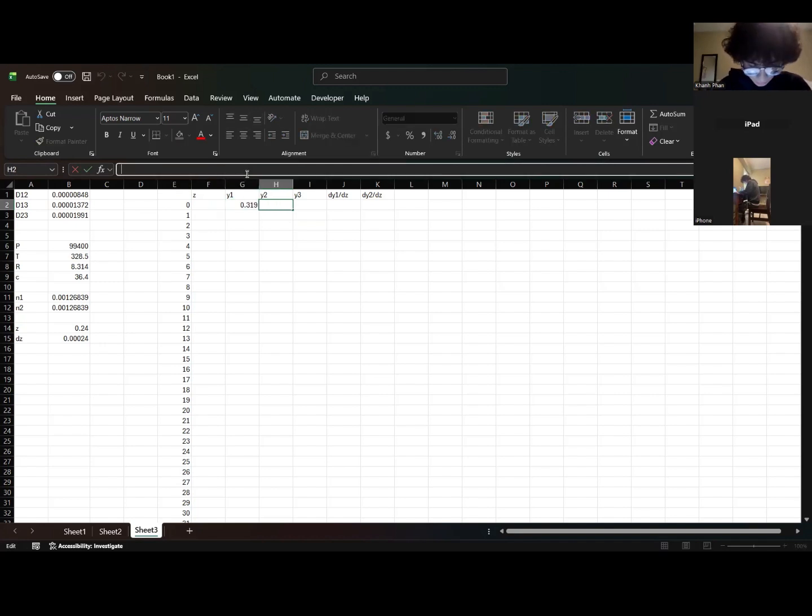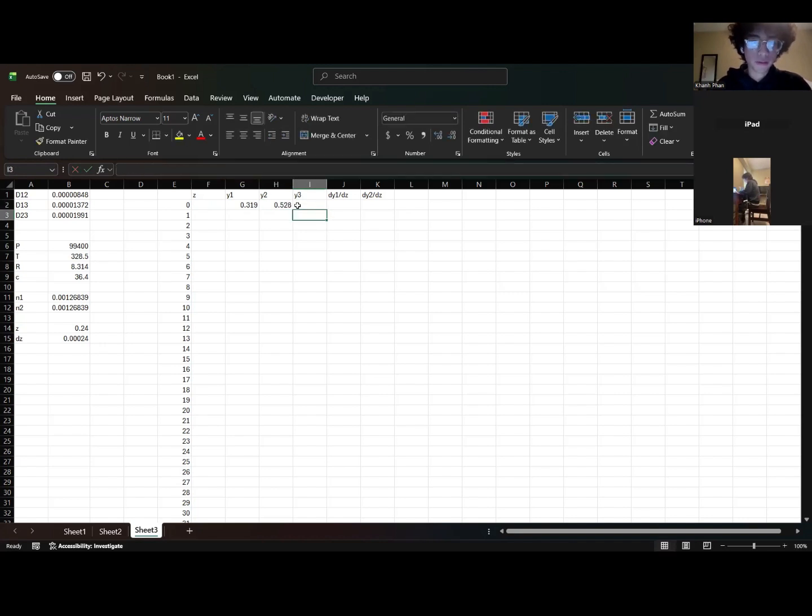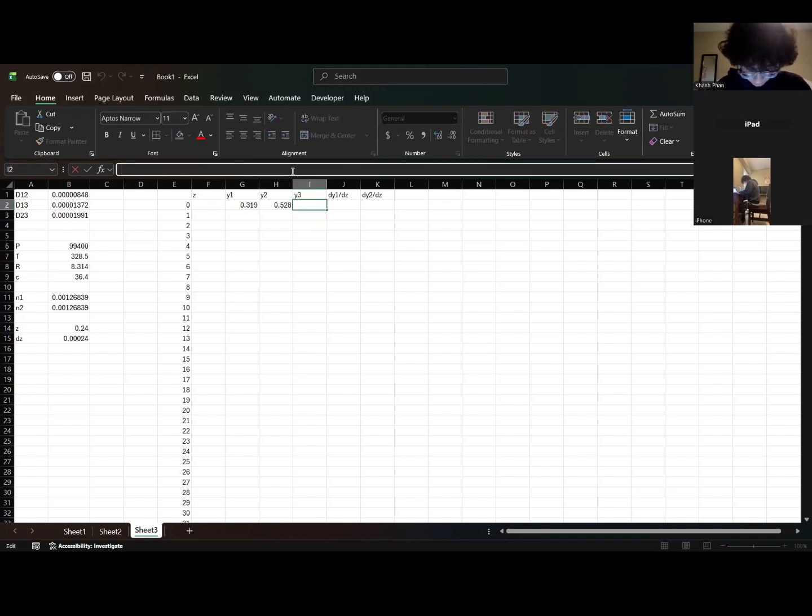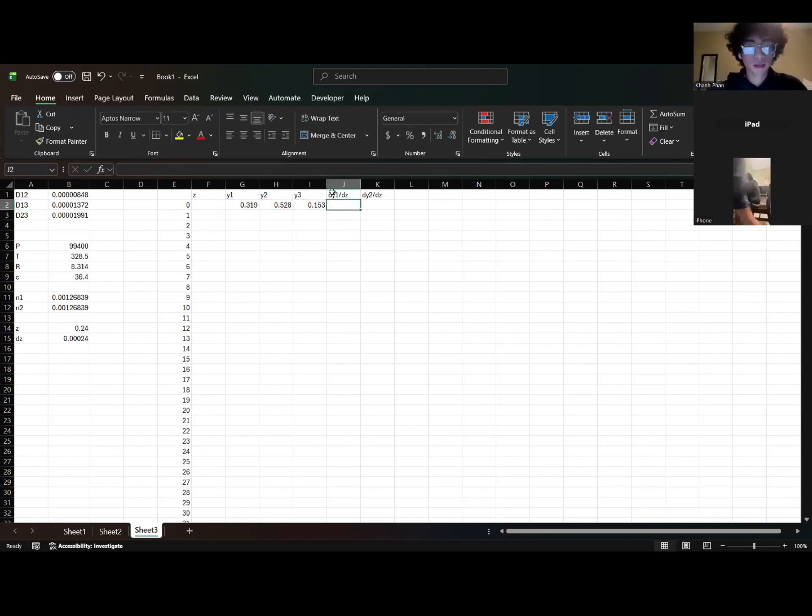Over here, it would be 0.589, and then this one over here would be 1 minus this minus this. And so now we're going to use the formula that we derived earlier for dY1/dZ.